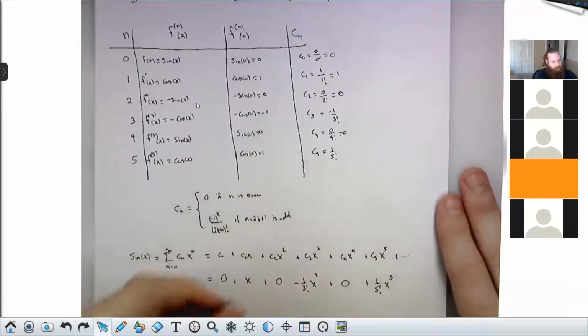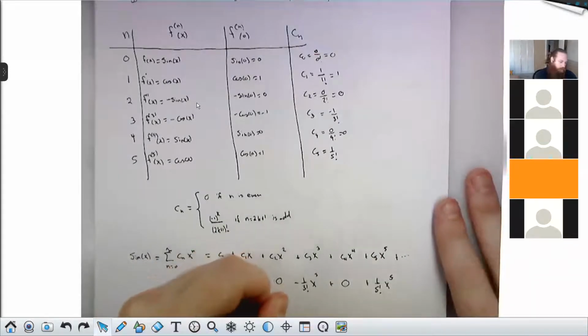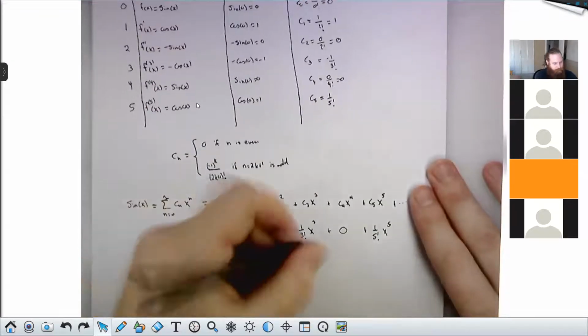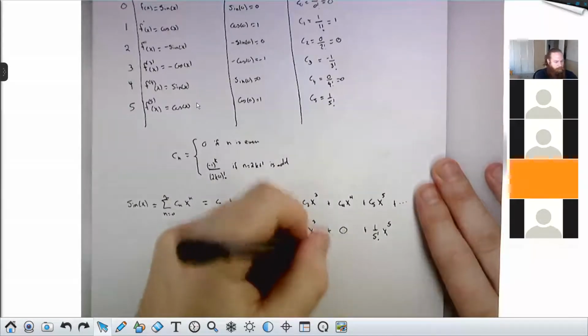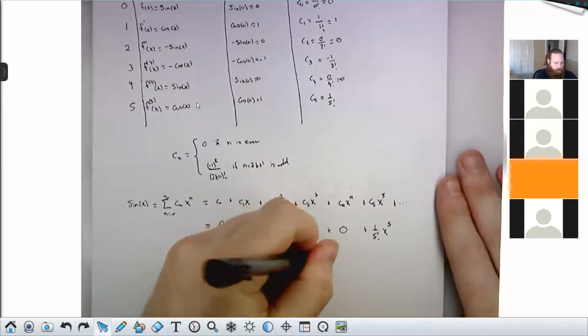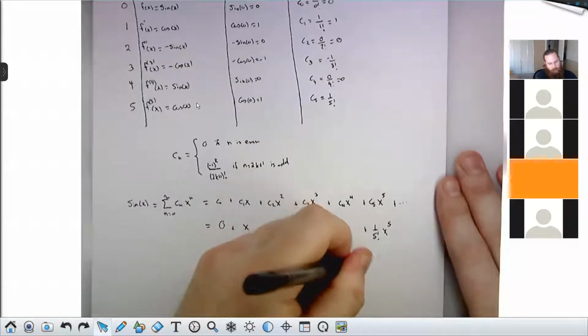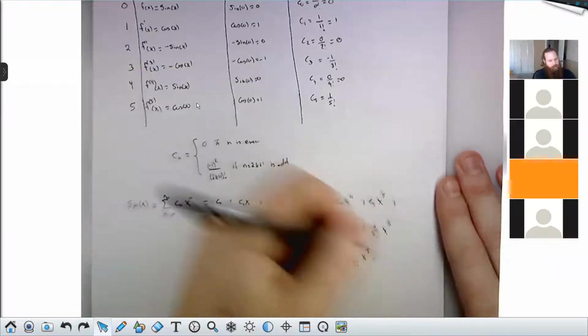So if we stop writing the zeros, this is x minus 1 over 3 factorial x cubed plus 1 over 5 factorial x to the 5. And so the next term would be minus 1 over 7 factorial x to the 7, and then plus 1 over 9 factorial x to the 9, and so on.